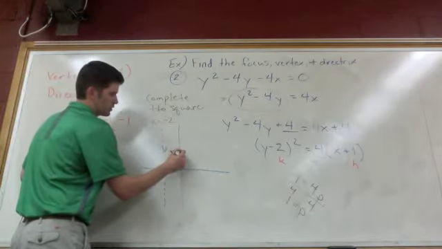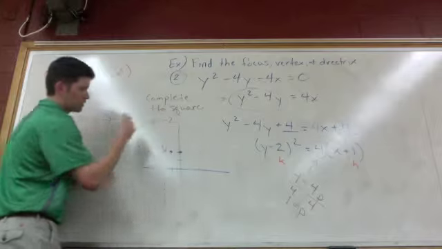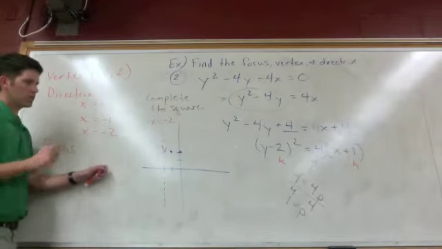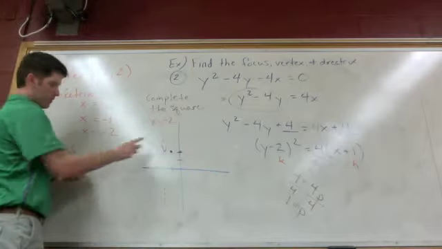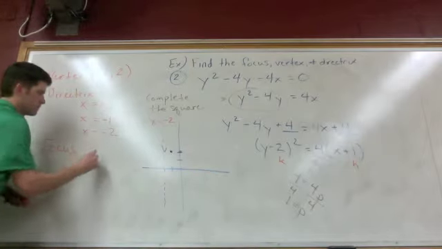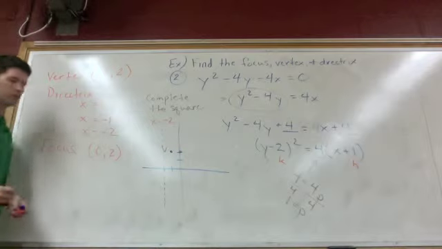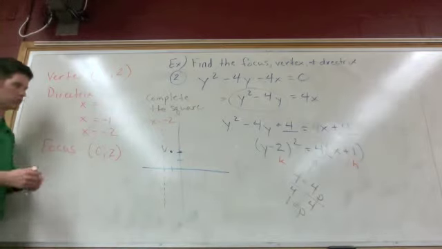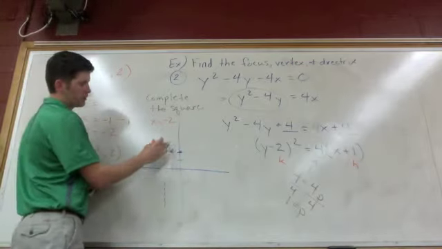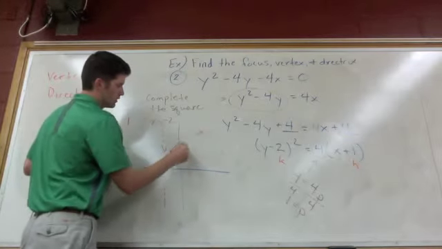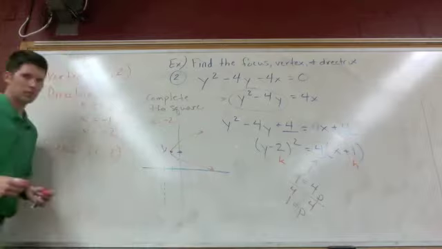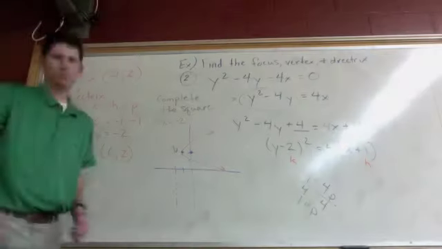So our focus is just going to be 1 unit to the right of our vertex. The ordered pair of that particular point is 0, comma 2. So we can fill in our focus, and if you wanted to, you could draw in a quick sketch. Our parabola is going to open up to the right because it's going to move away from our directrix. So it'll look something like this.